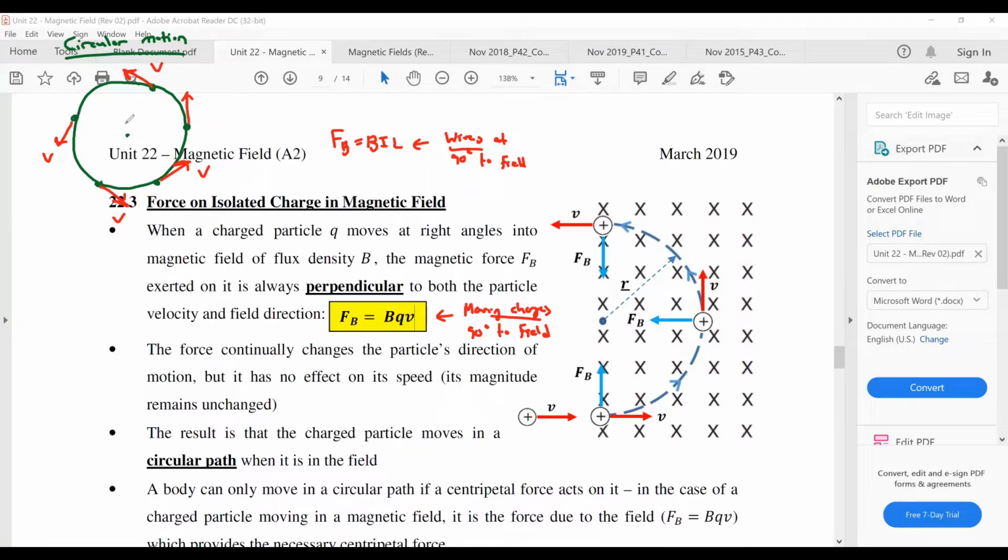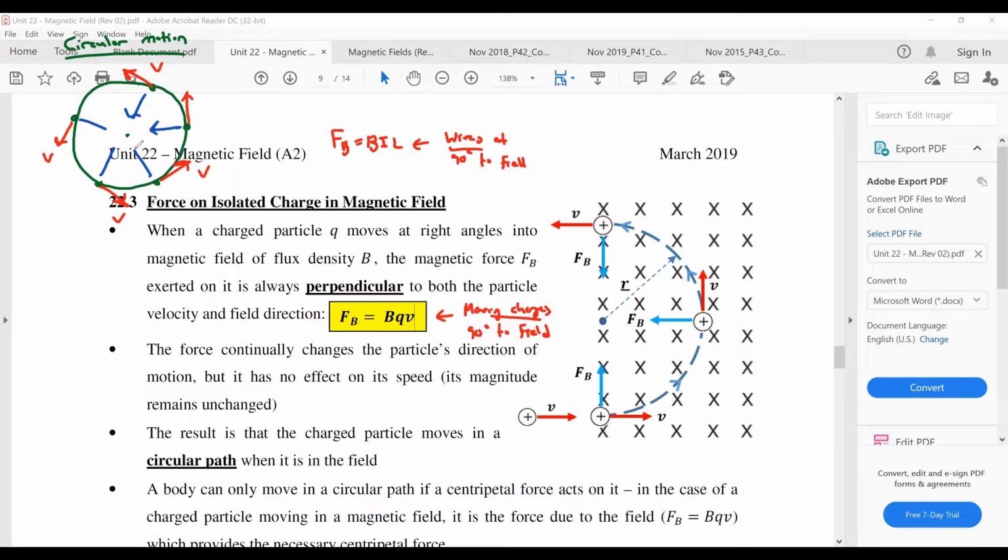How is it that an object can move in a circle? That time we told you, if your object is able to move in a circle with constant speed, that is mainly due to the fact that there's always a force causing it to move in a circle, and that force is always directed towards the center of the circle.